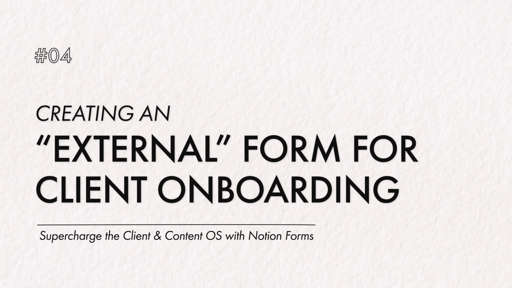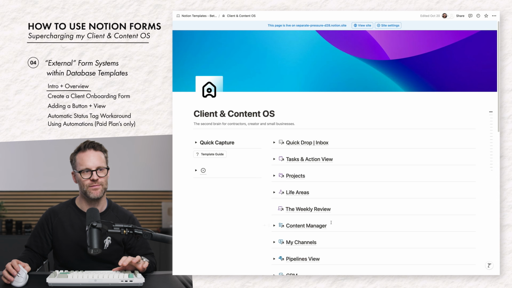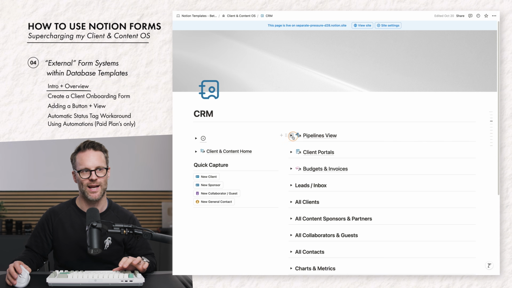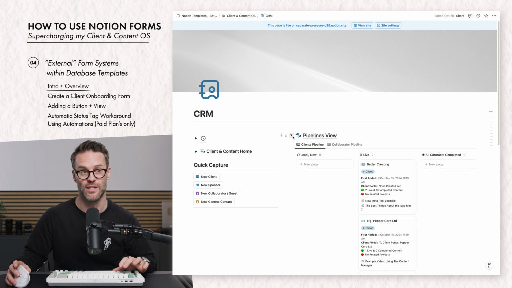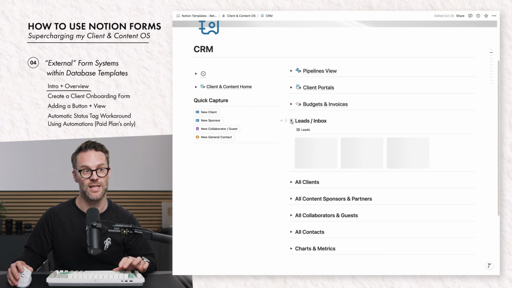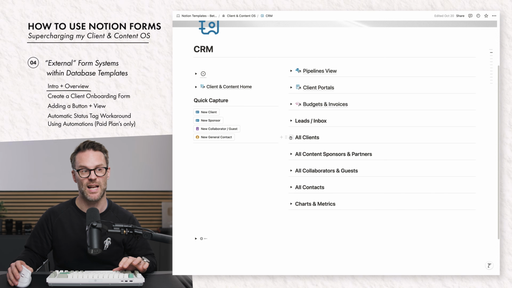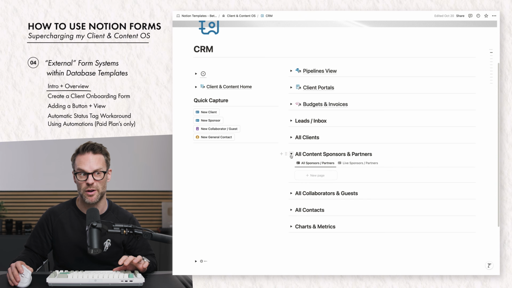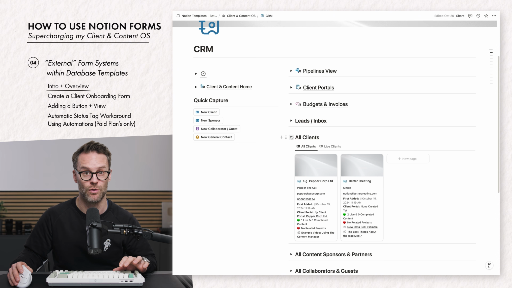Now, I have this client and content OS system, and I wanted to create, first of all, a CRM, which allows you to track the progress of clients as they travel through your system. I wanted a place where I could see all of my various classified contacts, depending if they're collaborators or guests on content, if they're sponsoring or partnering, if they're clients for client work.